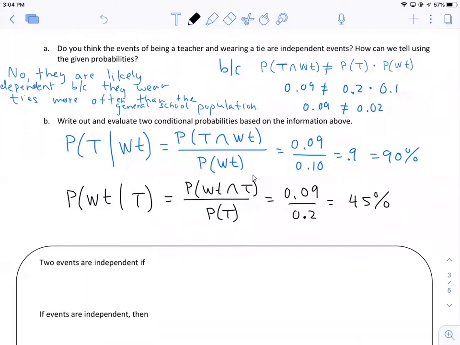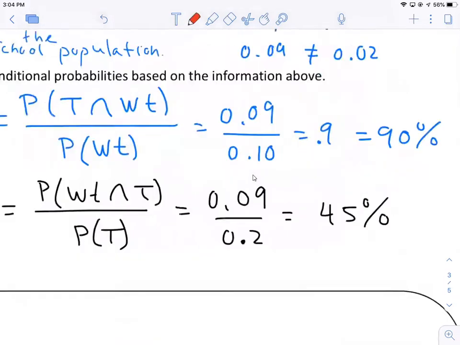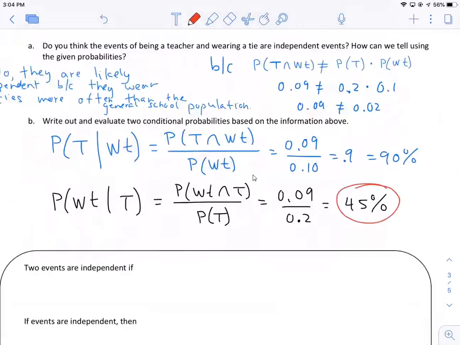And that also makes sense because most male teachers wear a tie. Maybe not most, but I think most. Most male teachers wear a tie, so let's say half the teachers are male, and that's why it's pretty close to 50%. So given that you are a teacher, there's a 45% chance you're also wearing a tie.